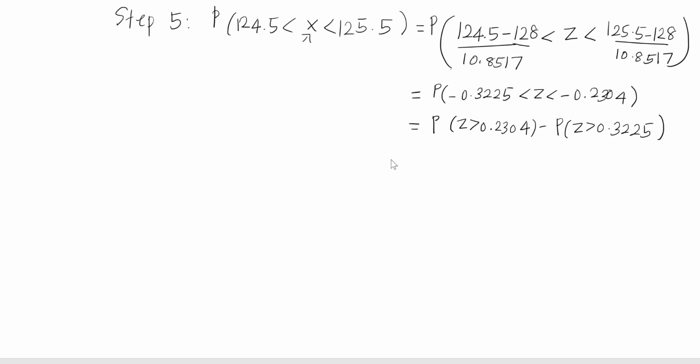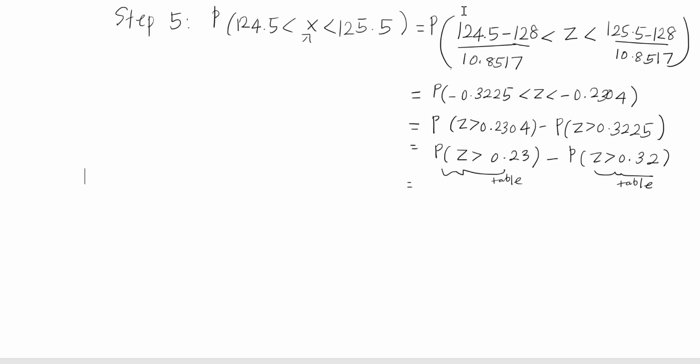So 0.2304 becomes 0.23, minus 0.32. Now we can look from the table to find the probability.